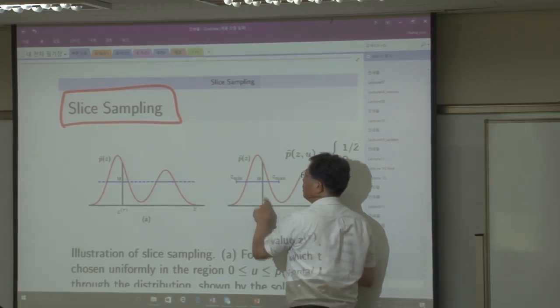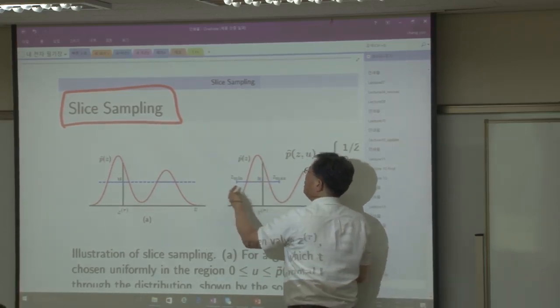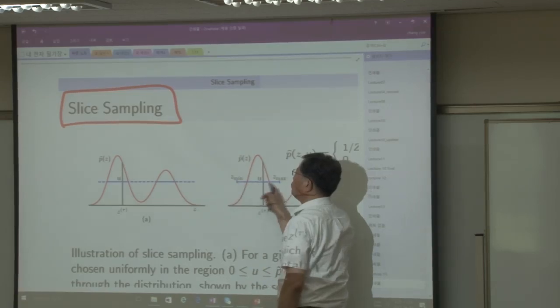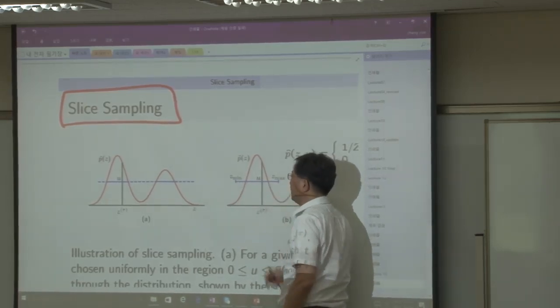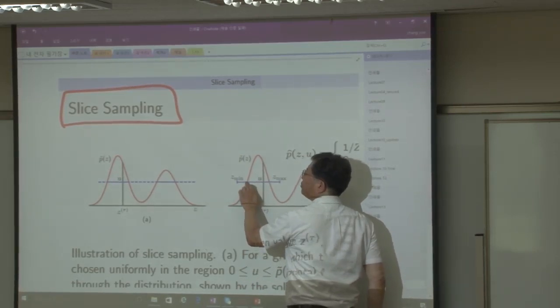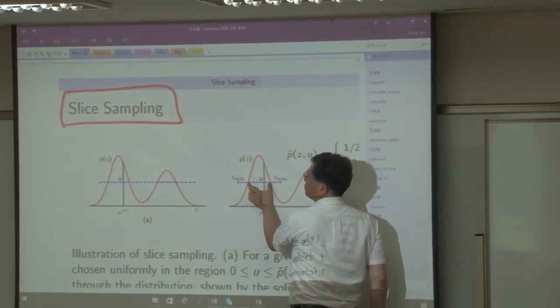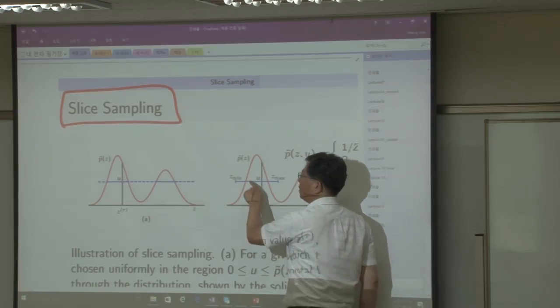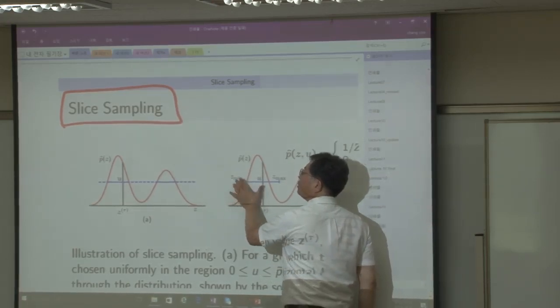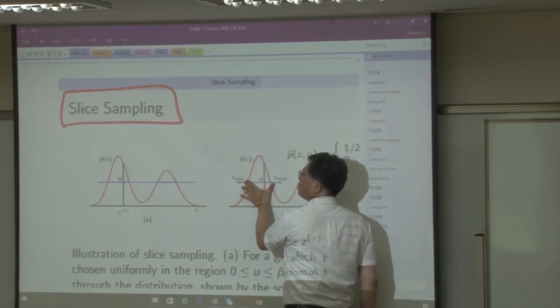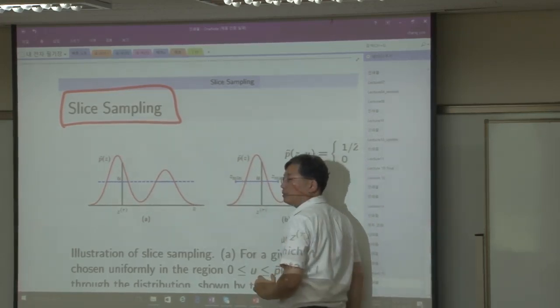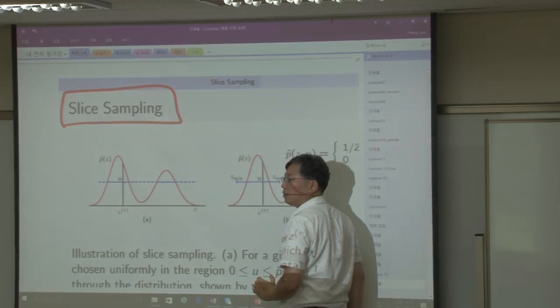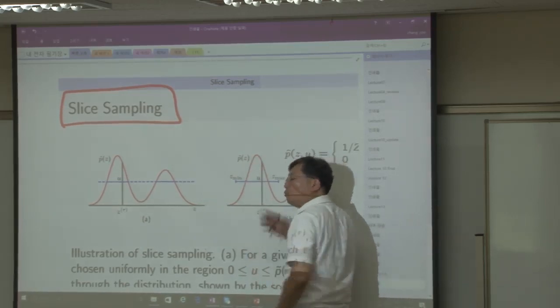You start with a uniform sampling, and then you do a uniform sampling across this interval. If it lands within these two intervals, then you accept. If it lands outside, you adjust the interval to make it shorter. And then you sample. Okay? And then you repeat that procedure.